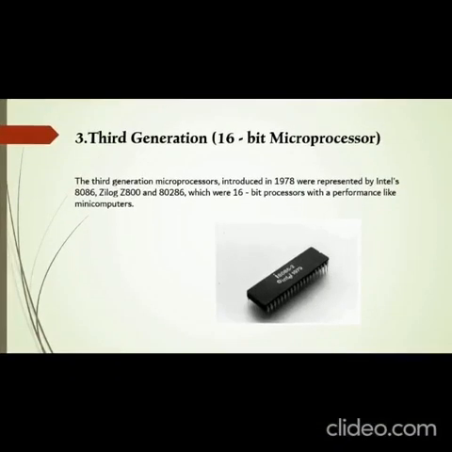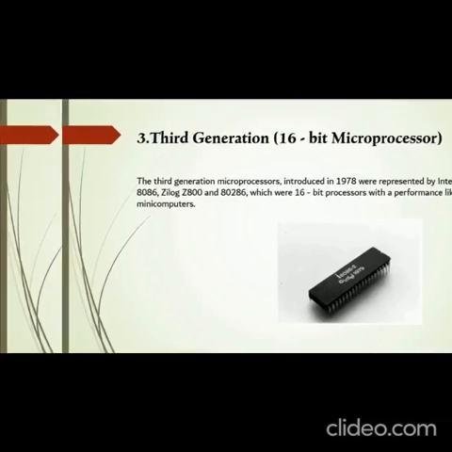Third generation 16-bit microprocessor. The third generation microprocessors introduced in 1978 were represented by Intel's 8086, Zilog Z8000 and 80286, which were 16-bit processors with the performance of minicomputers.